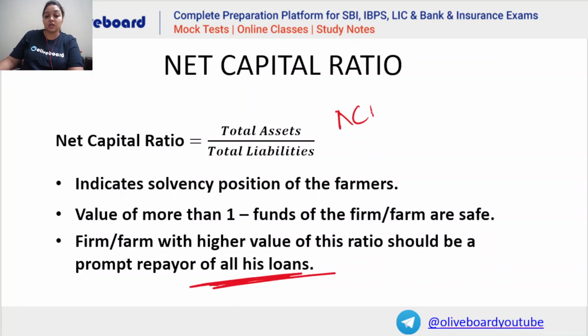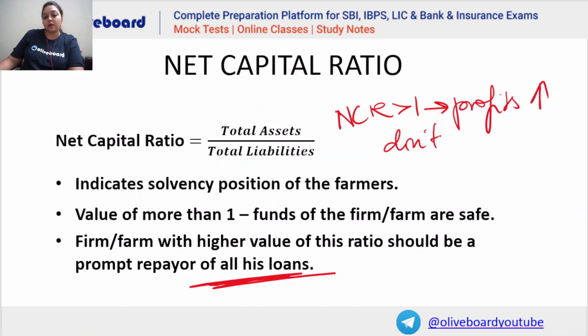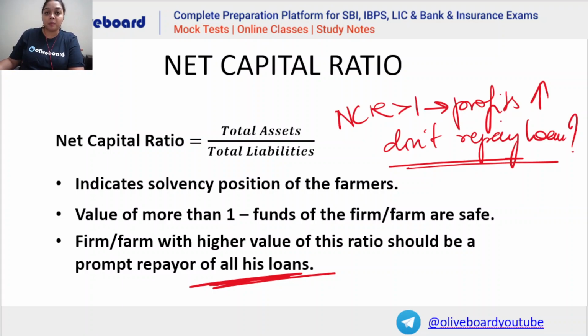When your NCR is more than 1, that means profits are increasing. They are high. When you have more profits, if you don't repay a loan, what does it mean? That means you are not doing it by mistake or because you don't have money, you are doing it purposefully. Then that will become a very bad thing. That shouldn't be the case, right?